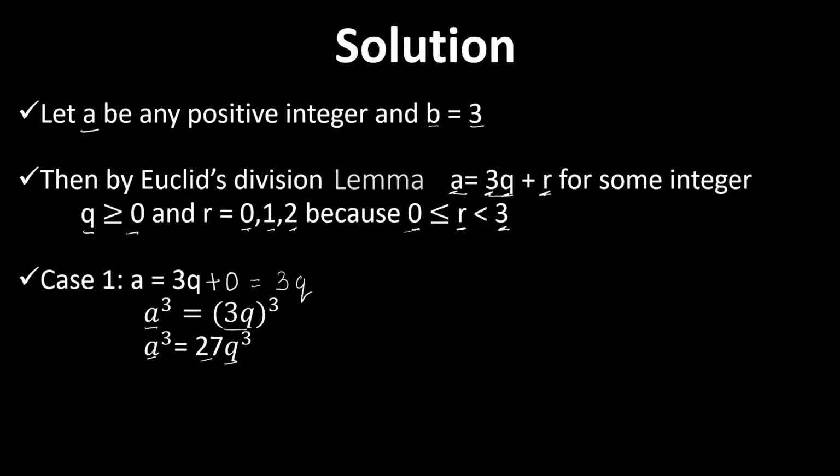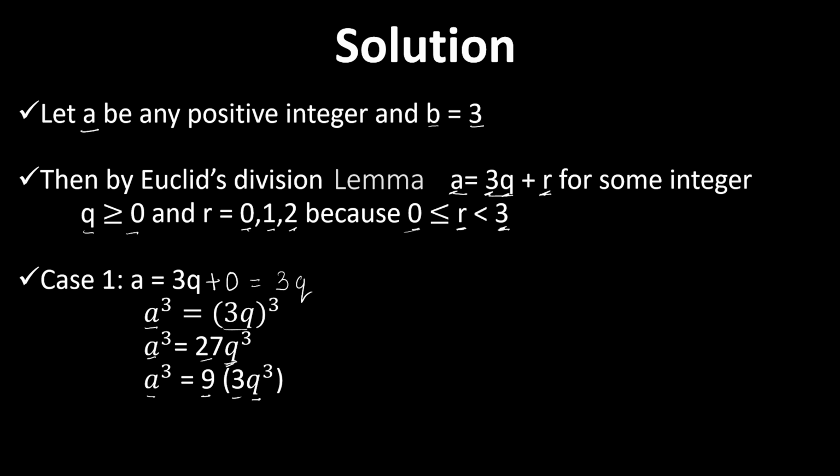So what are we doing? We are multiplying 3 times. 3 into 3 into 3, we are going to get 27 and q into q into q will get q cube. So it's easy to take 9 common from 27q cube. If we do so, we are going to get a cube is equal to 9 times of 3q cube.